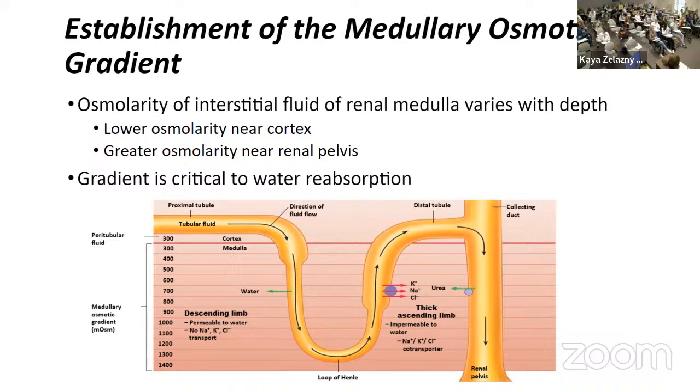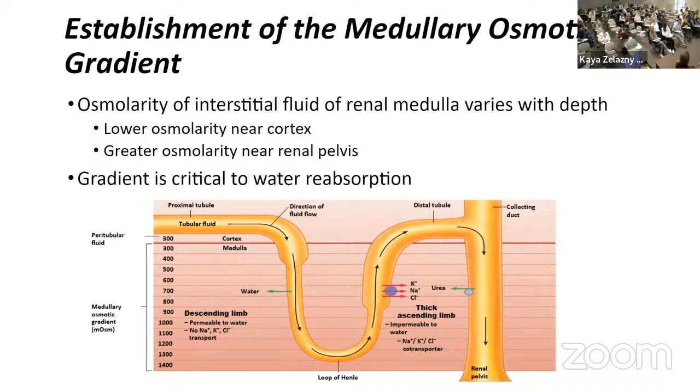So we're thinking about establishing what we call the medullary osmotic gradient. Medullary, because we're thinking about the medulla. Osmotic, because we're thinking about how the medulla pulls on water. This is going to be key to water reabsorption, the pull of these solutes on the water in the filtrate flowing through the nephron.